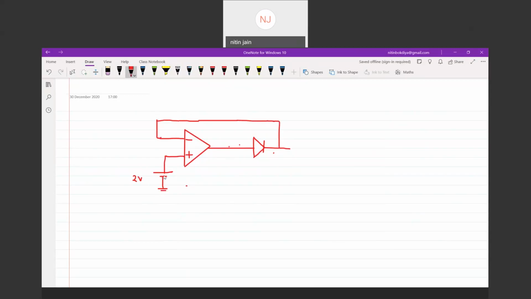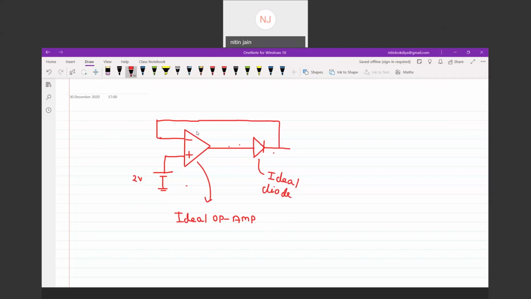This diode is ideal and op amp is also ideal. Ideal diode and ideal op amps are working in the circuit, and we want to know what is the output voltage for this circuit.